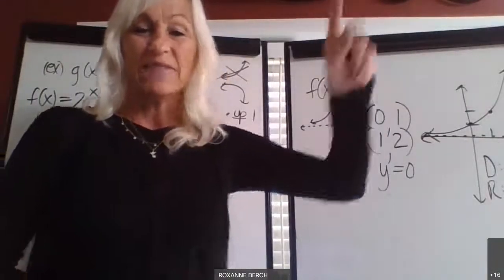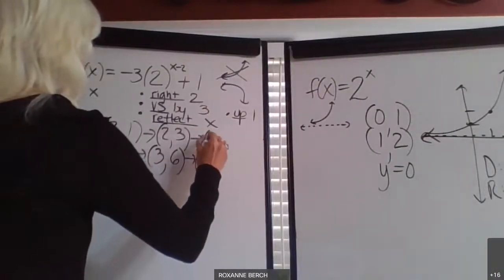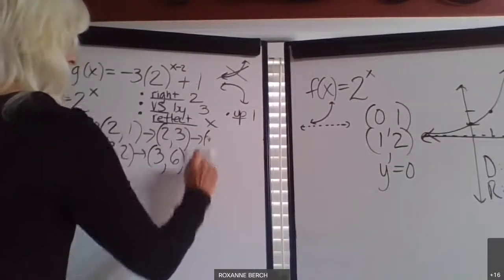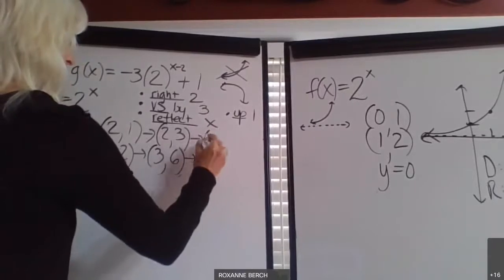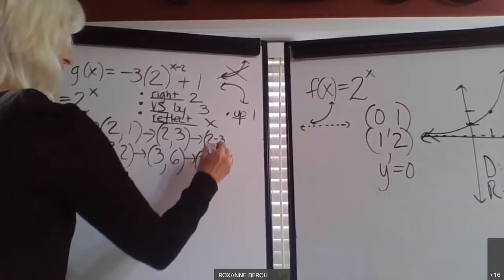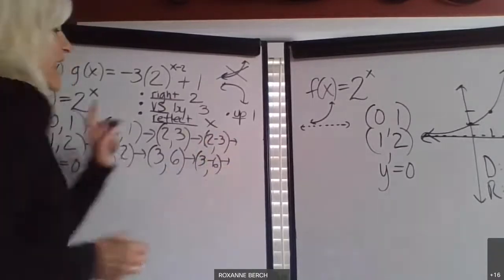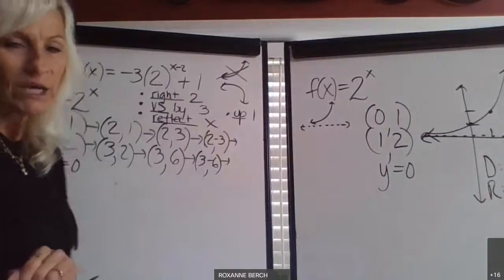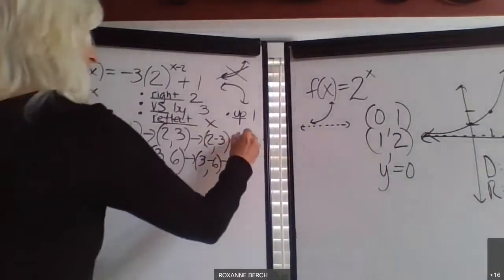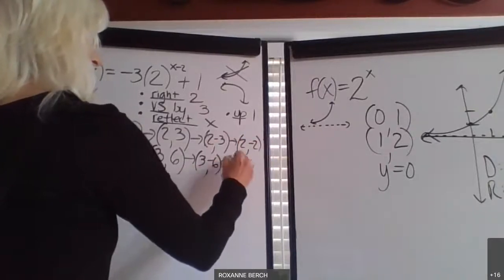So we're going to negate the y. And last but not least, another translation, which is up 1. So we add 1 to the y.